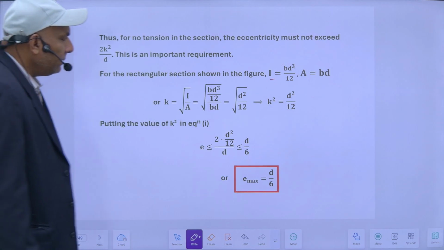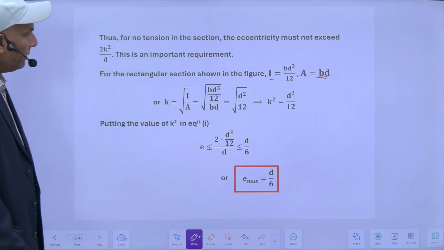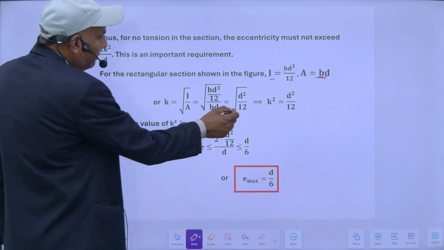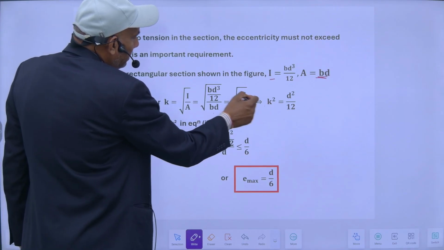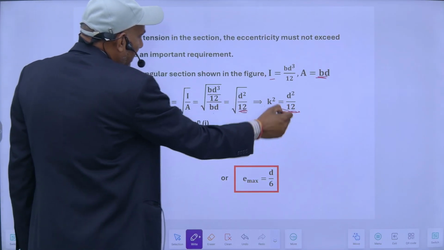This is the value of I, and here is B and D. So my radius of gyration will be root of I upon A, which becomes root of D square upon 12. So K square will be equal to D square upon 12.